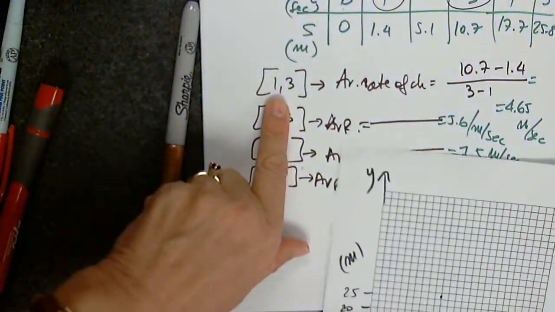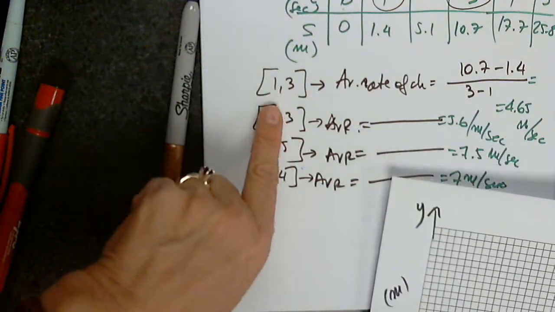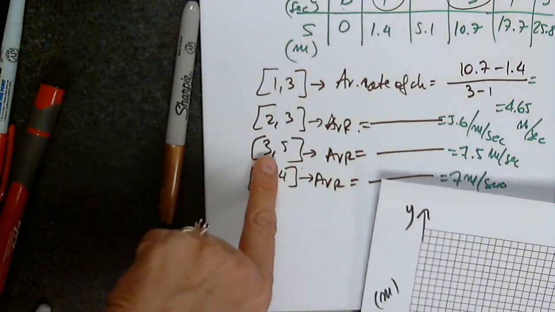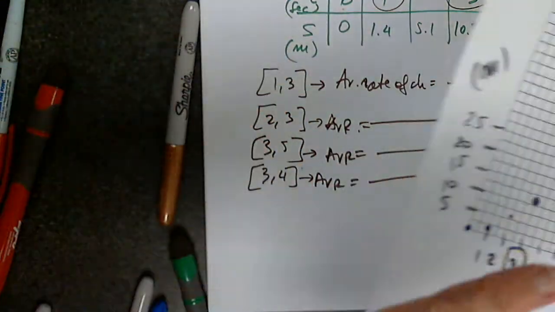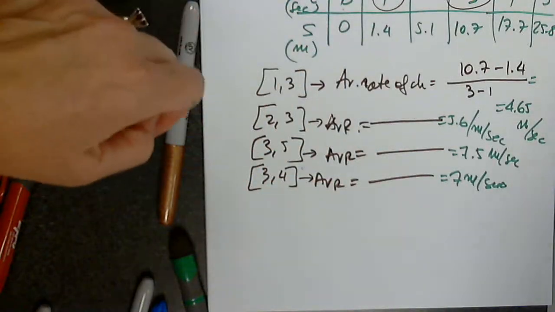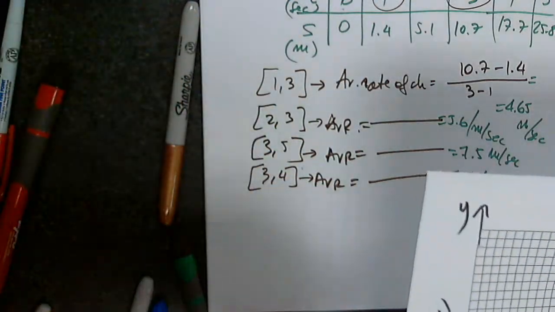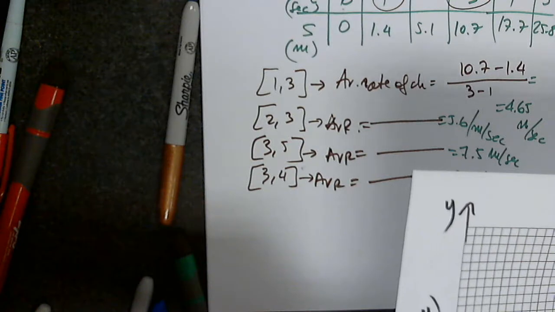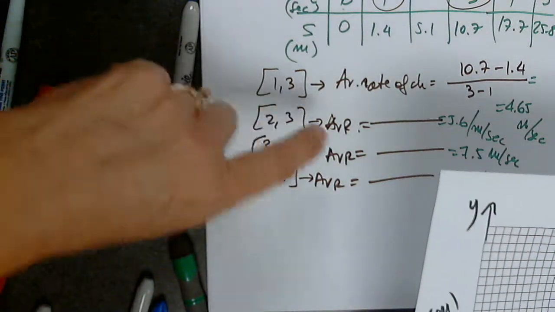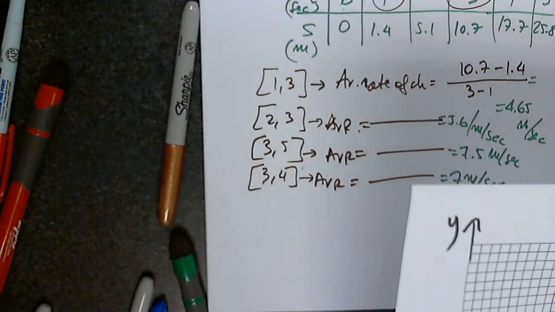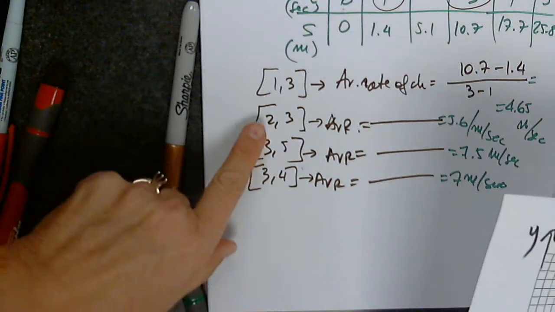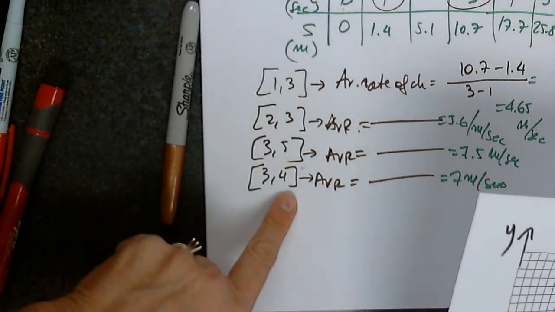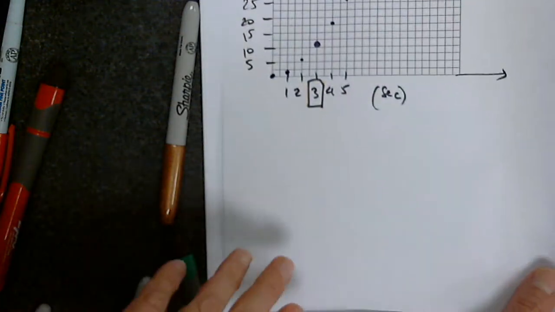In between 1 and 3, 2 and 3, 3 and 4, and 3 and 5. I am going to only represent on my graph as accurately as possible the slope of the secant line between 2 and 3, left of 3, and right of 3. So between 2 and 3 and 3 and 4, left and right of 3.